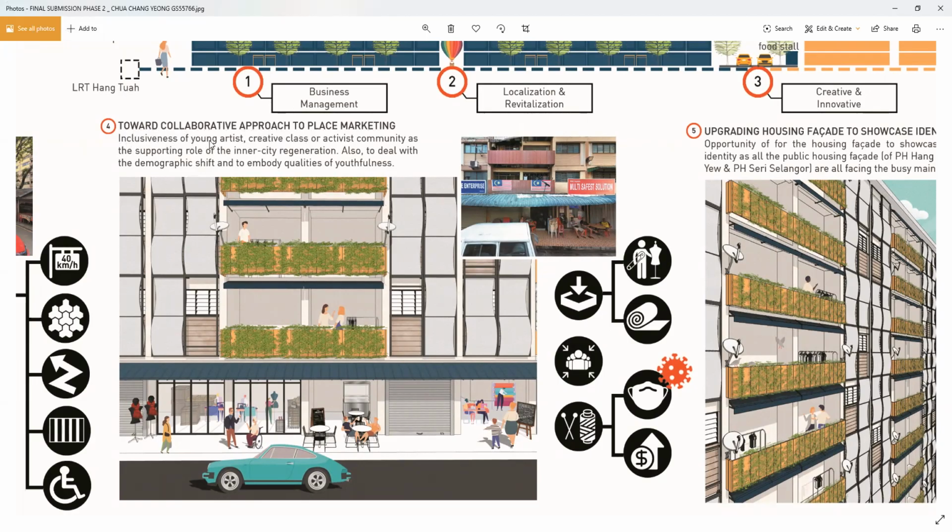The inclusiveness of young artists, creative class, or activist community as the supporting roles of the inner city regeneration also deals with the demographic shift and embodies qualities of youthfulness.